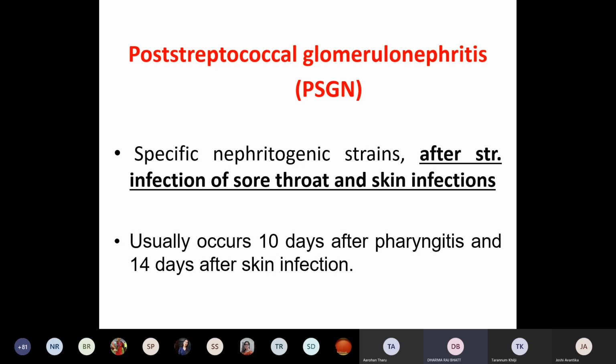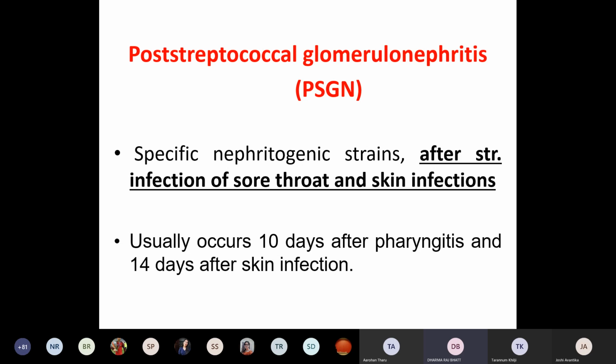The nephrogenic strains have a specific type of M protein with more similarity to the glomerular membrane, resulting in glomerulonephritis after primary infection with group A streptococci in the form of sore throat or skin infection.